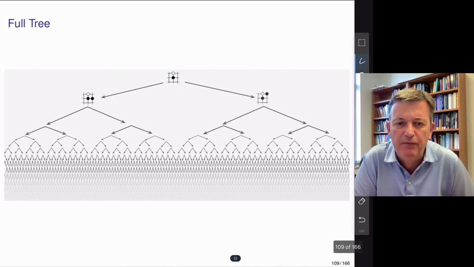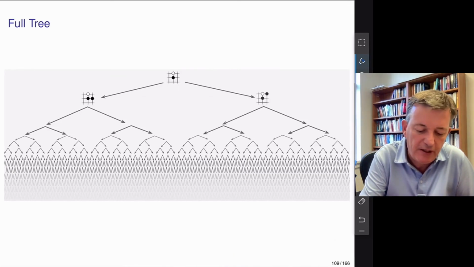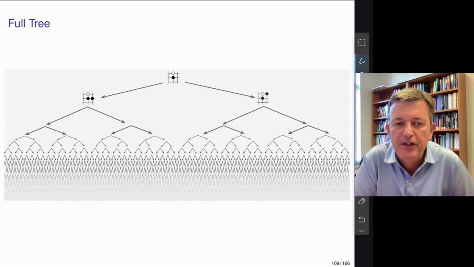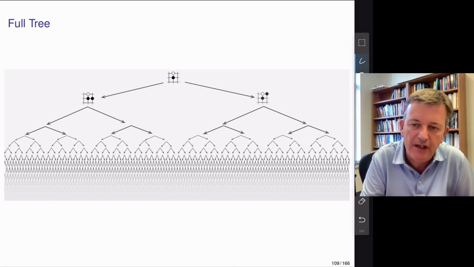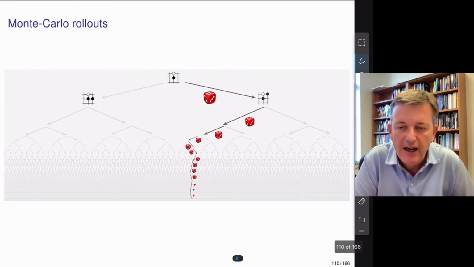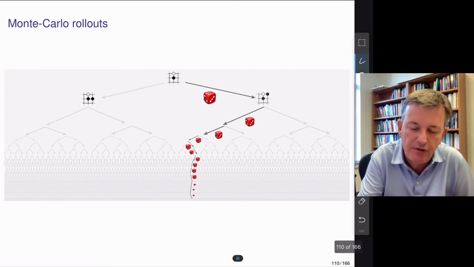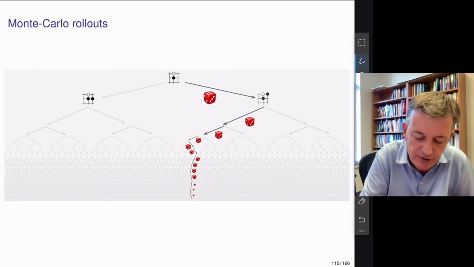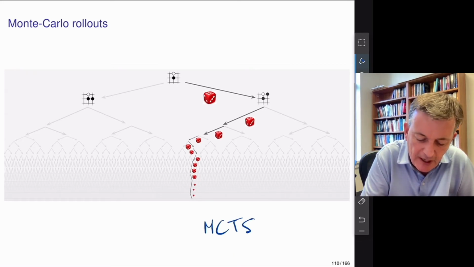So again, just to give you an idea, if I'm looking at the chessboard, there's an exponential growth of possible strategies. So no computer can enumerate all those things. So it's an NP hard problem. So I need to have some clever way of cutting down the possibilities. One clever way is what's called Monte Carlo tree search. Sometimes you'll see people call it MCTS.